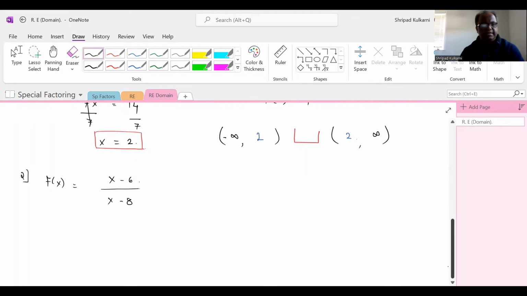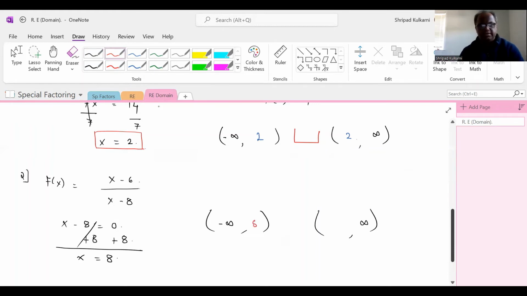So I will forcefully equate the denominator to 0: x minus 8 equals 0, plus 8 on both sides. x is equal to 8, and this is the point which I want to exclude. The domain of this is minus infinity to plus infinity except the value 8. And don't forget the union sign. Okay. Done.